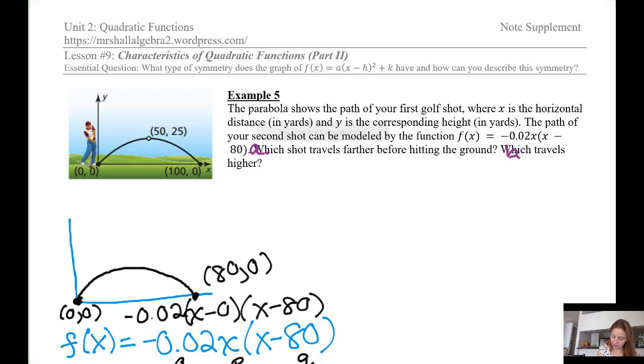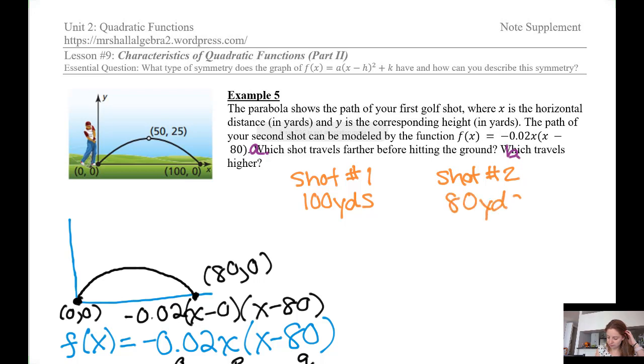So we have shot number 1 and shot number 2. Shot number 1 from that diagram travels 100 yards. And shot number 2 travels 80 yards. So shot number 1 is greater, that travels further. Now we need to figure which travels higher.